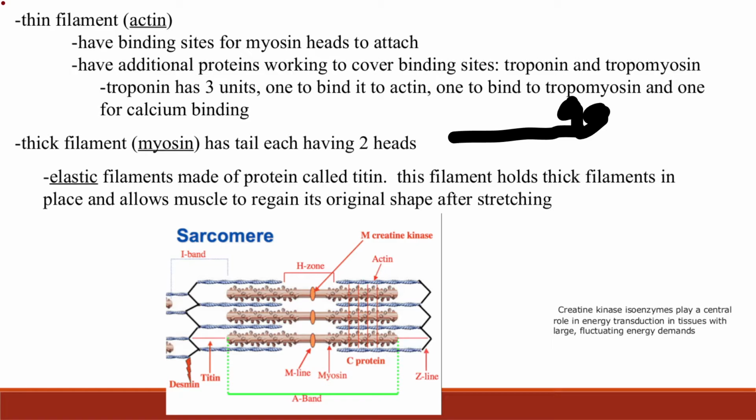And you get a bunch of these bundled together. So you have this tail and two heads. And so if we get a bunch of them bundled together, we're going to end up with a thick filament.